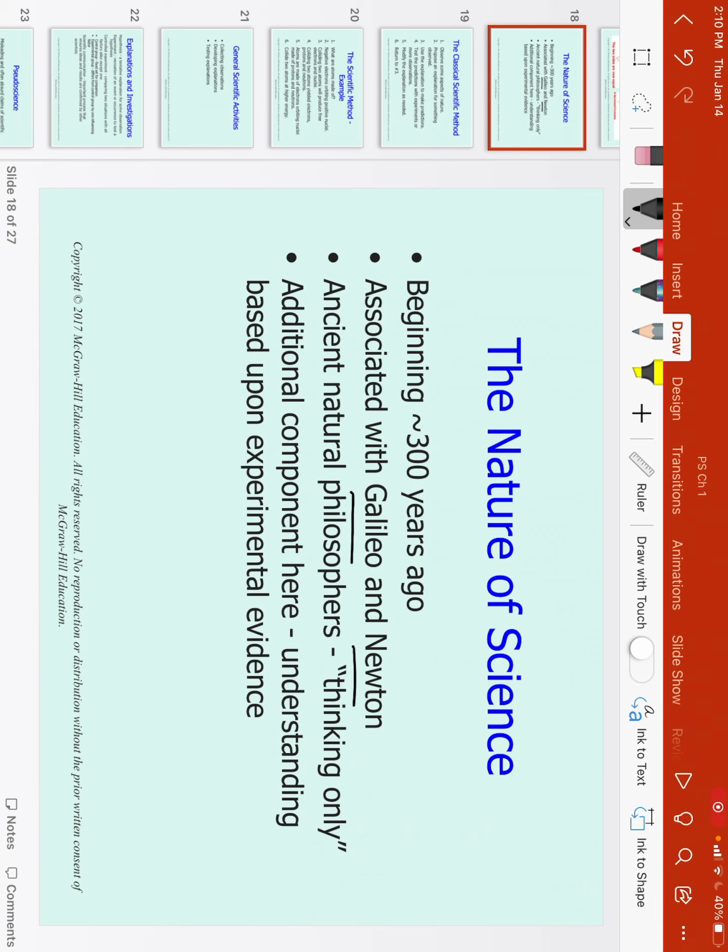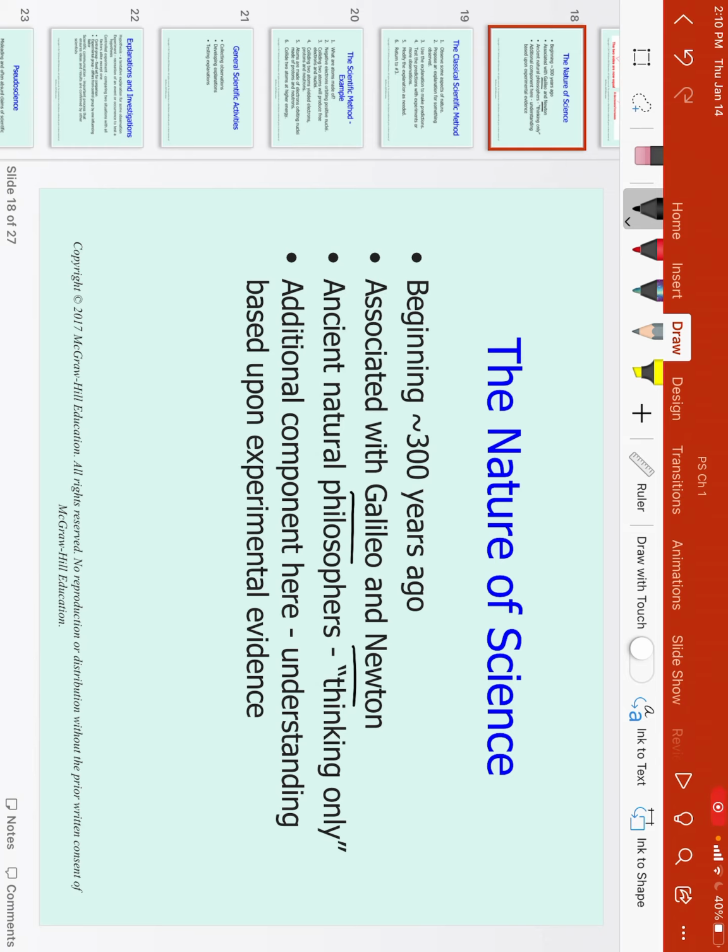Galileo thought that the earth was the center of everything, and Newton said, hey, if you throw a ball, it should keep going. The only reason that it stops is because of friction or stuff like that. So these are scientists that had ideas of why things were happening.